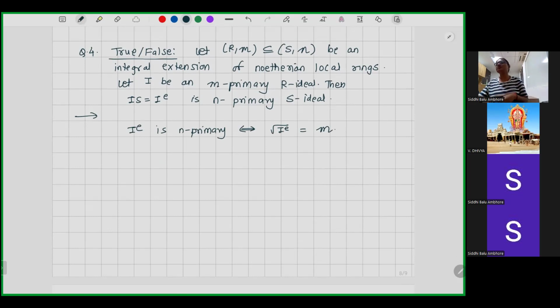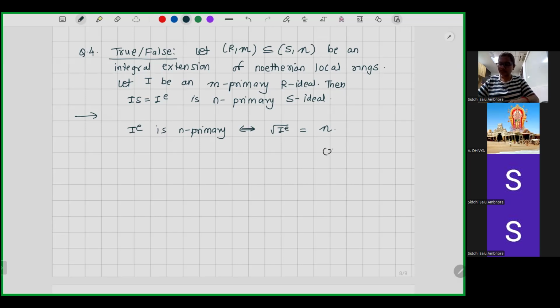We can do this because we have m as a maximal ideal. It's not in general. If I is some p-primary ideal, its radical need not be p. We have seen that example.